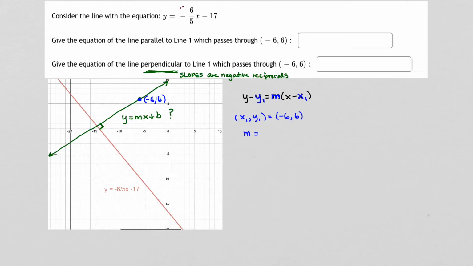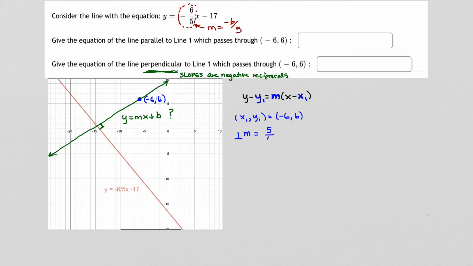Okay, so we know our original line that's red has a slope equal to negative 6 fifths. So if I want to find the slope of the green line, I'm looking for the slope that's perpendicular to negative 6 fifths. So I'm going to take the negative reciprocal.